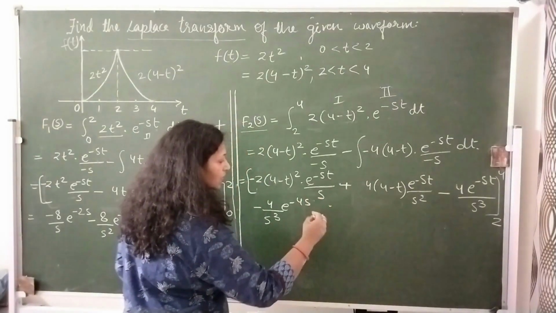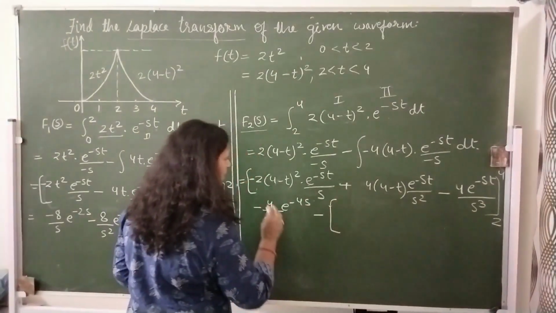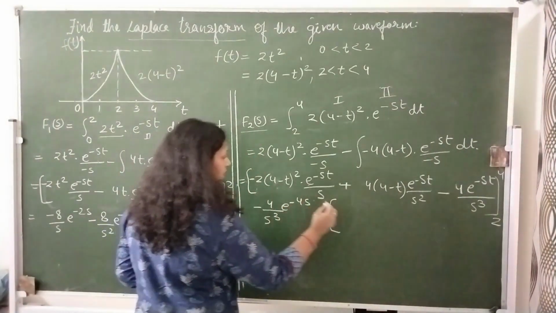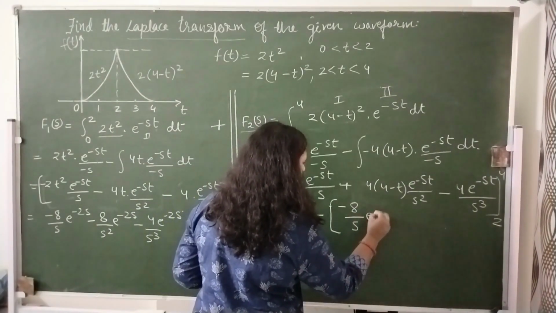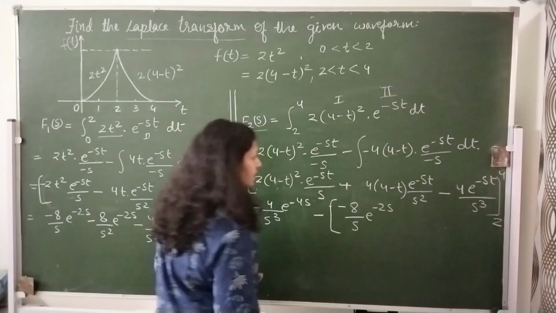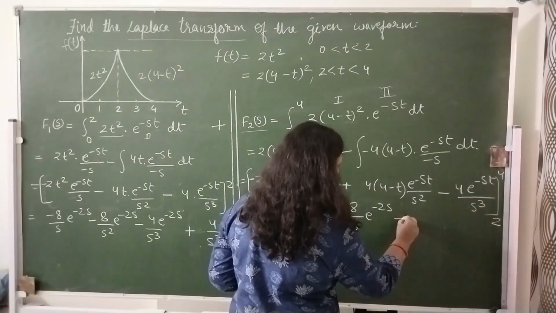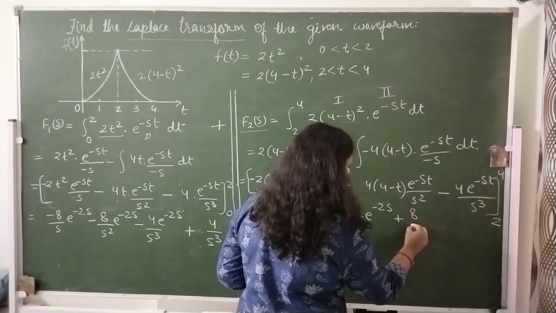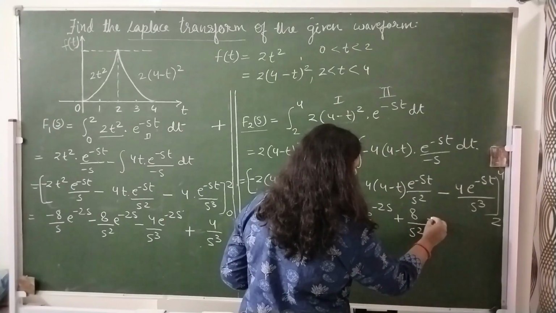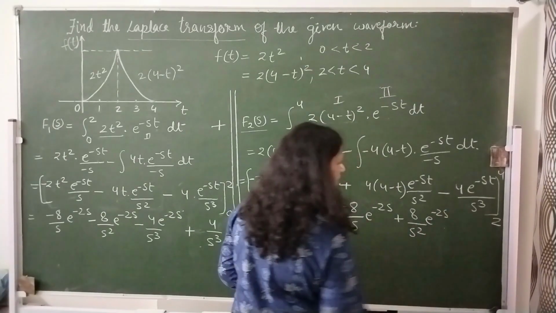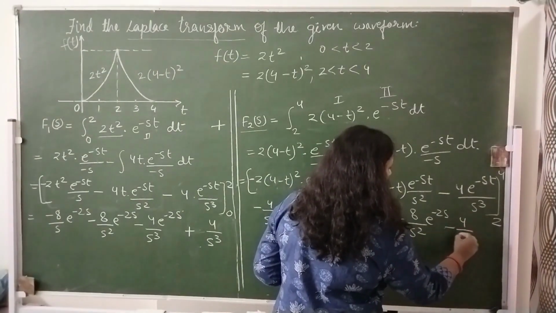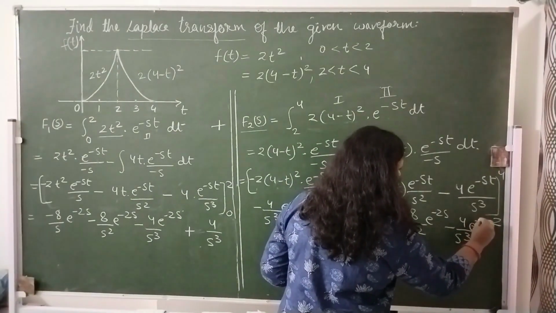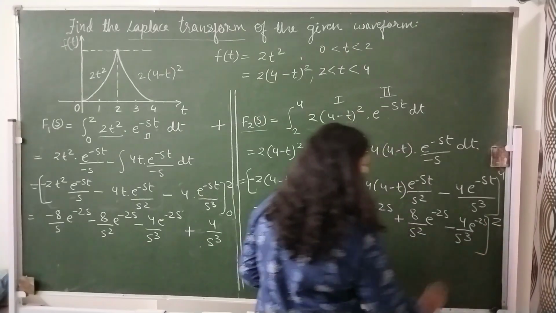Then we will write the lower limit with a minus sign. Put 2 here, that is minus 8 by s e to the power minus 2s. Put 2 here, that is plus 8 by s square e to the power minus 2s. Put 2 here also, that is 4 by s cube e to the power minus 2s.